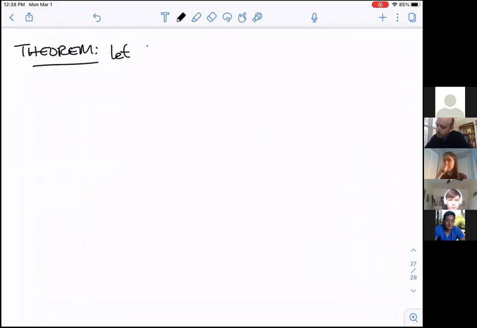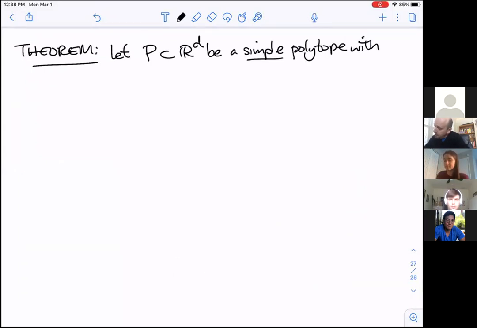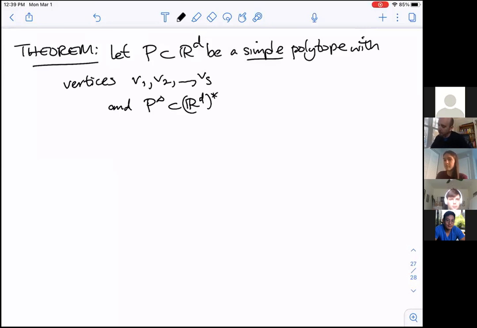So we start with a simplicial polytope. Oh, excuse me. P is going to be my simple polytope, and P polar is going to be the simplicial polytope. So I'm going to name the vertices V1 up to Vs. Actually, it's not so important where they live.